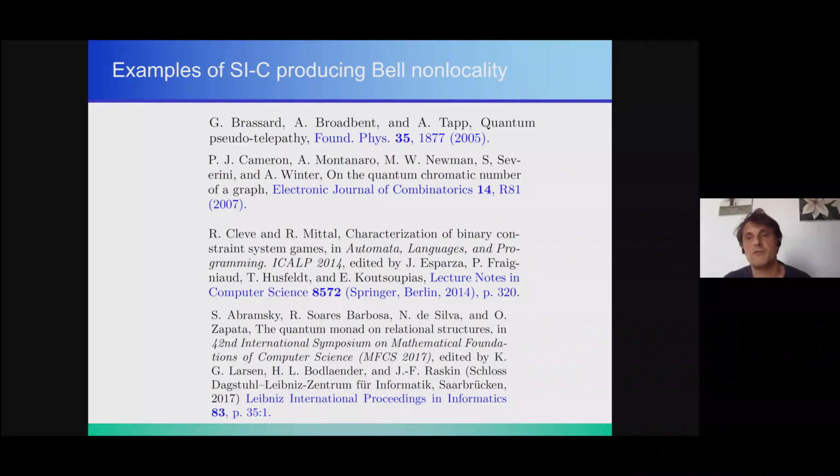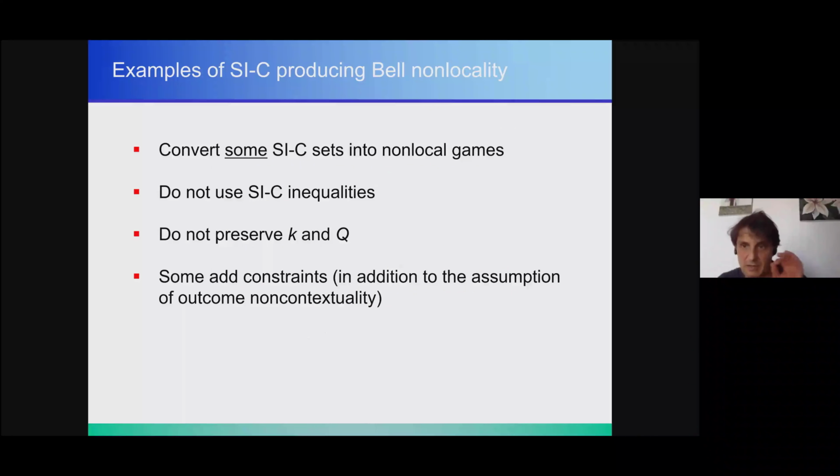Let me emphasize what is the difference between the technical part of the second step and any of these previous attempts. What they do is convert some specific KS sets, but they fail to provide a method to convert any KS set, in particular Peres-type KS sets. And converting to what? They can produce a game, but here we're talking about producing a Bell inequality and a quantum violation of that Bell inequality.